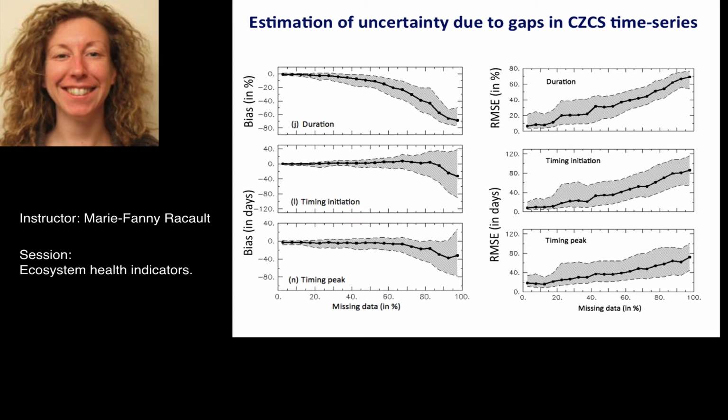And this is some of the results. So for peak chlorophyll concentration, so the maximum amplitude in the chlorophyll, median chlorophyll and mean chlorophyll. So it's annual mean and annual median.